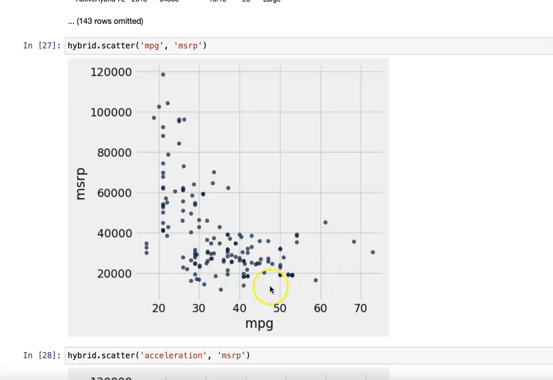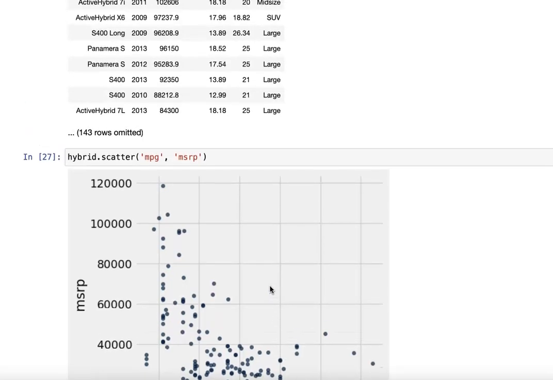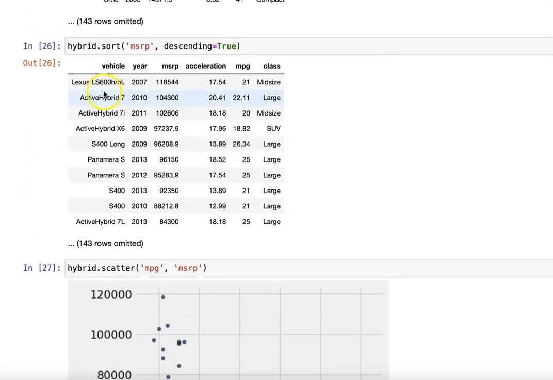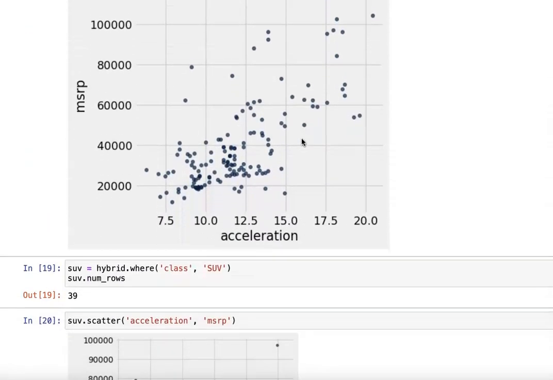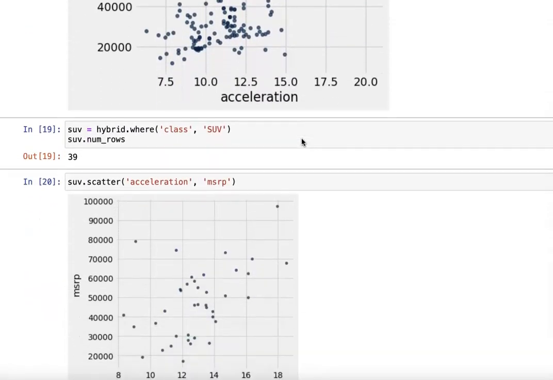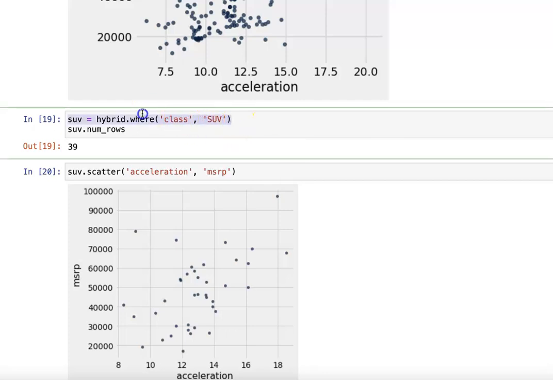Possibly, as we saw earlier, the cars with higher MSRP price are actually the larger hybrid cars or SUVs. So that's why we get to the class, to narrow down our data.